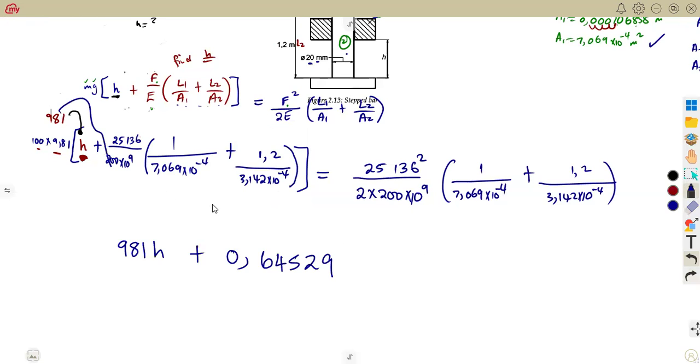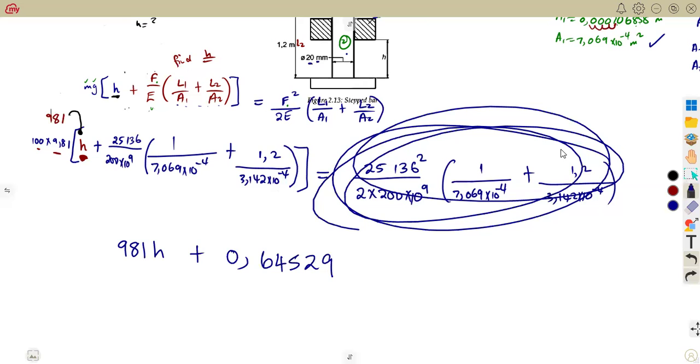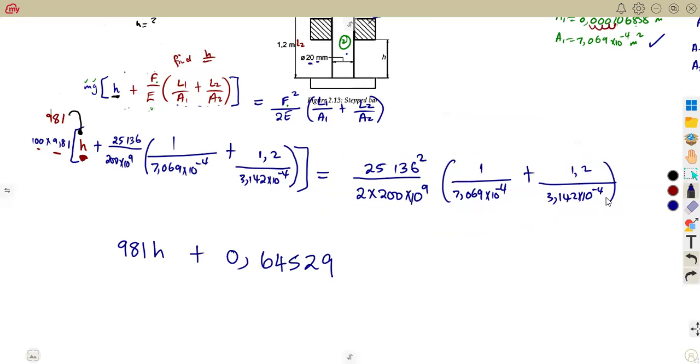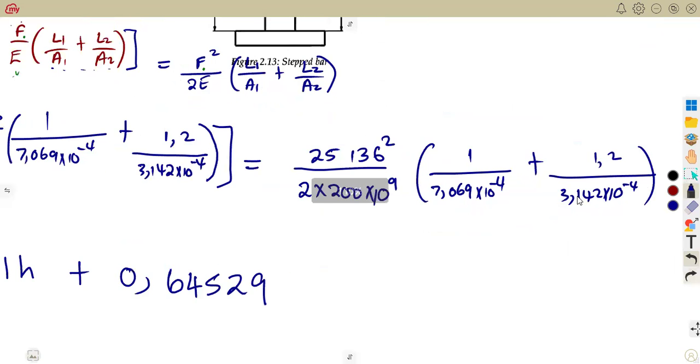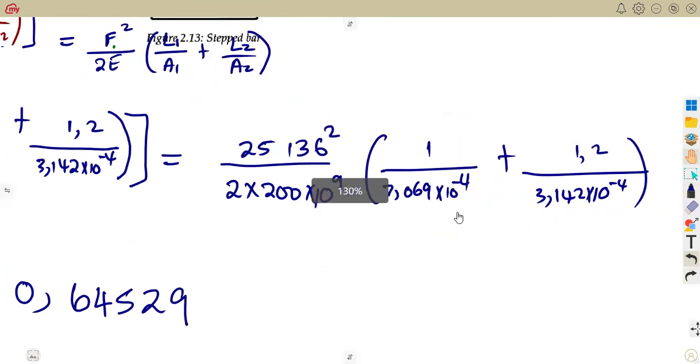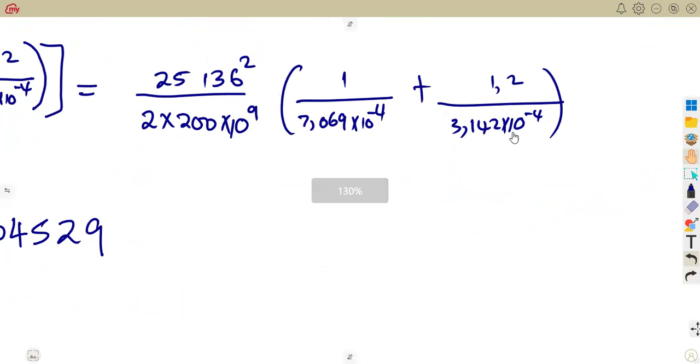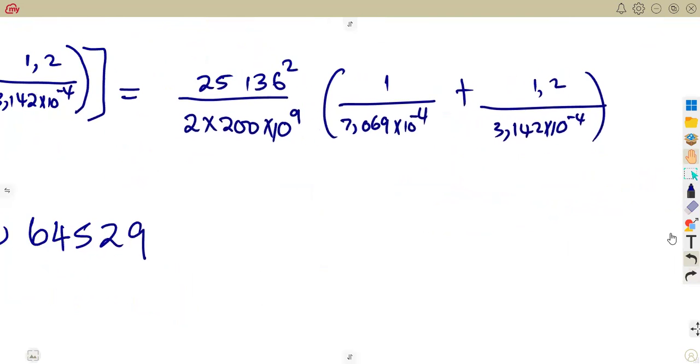You multiply this to all of this part. Do that. The right-hand side, just simplify as it is. As you can see, we do not have any letter there. These are just numbers. So simplify your right-hand side and get an answer there.